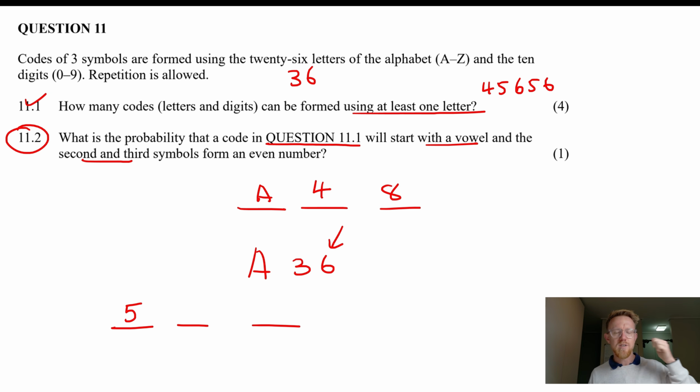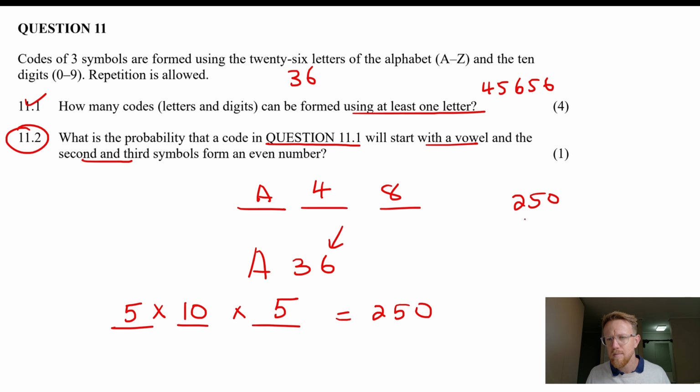So you could have 0, 2, 4, 6, and 8. So that's 5 different options there. And then for this one here, it could be any of the digits, 0 to 9. And so that would be 10 different options over there. And so if we had to work that out, that's going to be 250. And so now we're going to say probability is going to be 250.